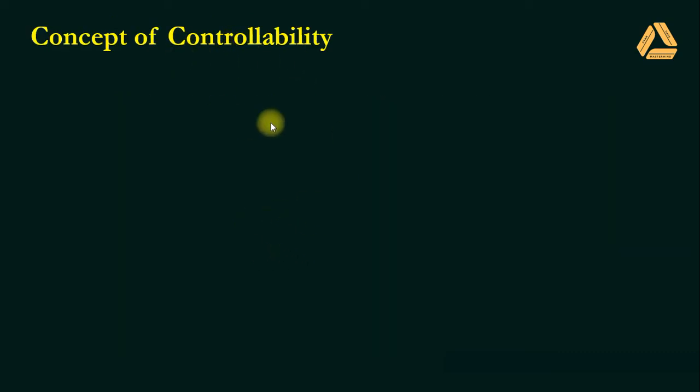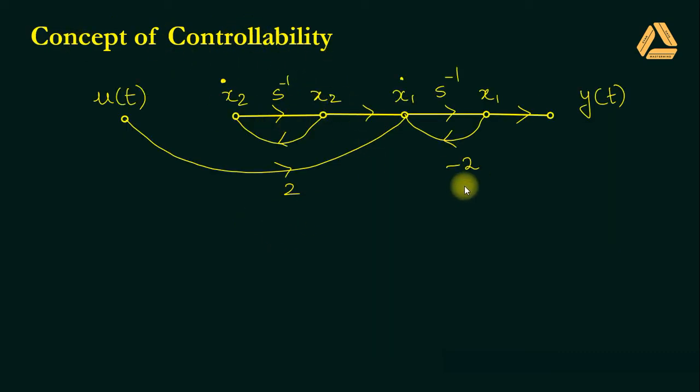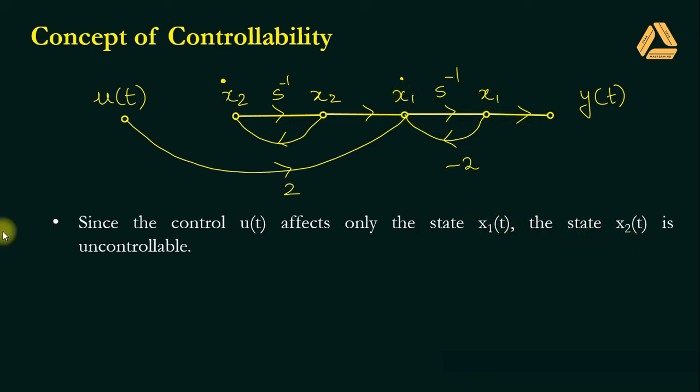Before that, we'll see what controllability is in depth. If you see in this SFG, this is the input u of t and y of t is the output. So u of t is going to control the system. From this diagram, u of t is able to control only x1 of t, that is, it affects only the state x1 of t. The state x2 of t is uncontrollable.